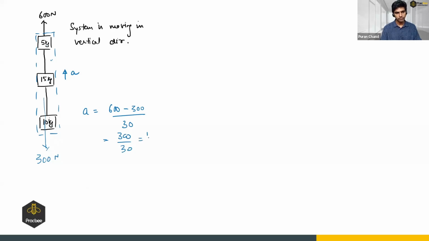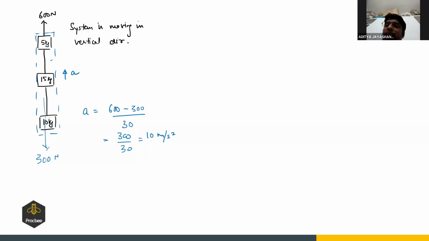So it should be 10. Is it clear? Net force upon mass of the system will give you the acceleration, no? Force equals mass times acceleration. Yes or no? Clear now?